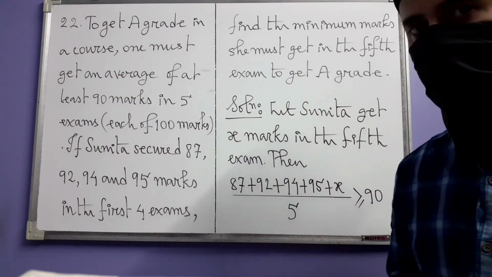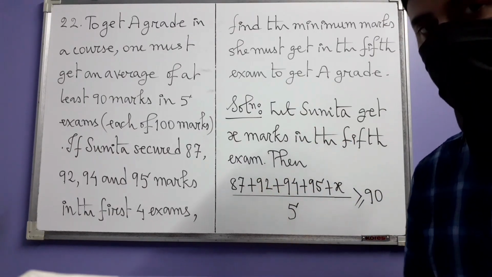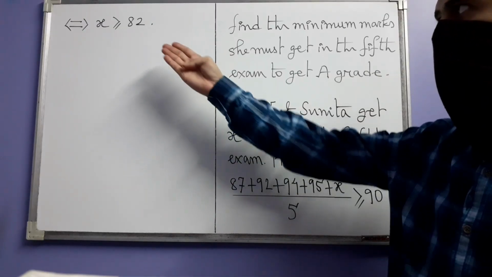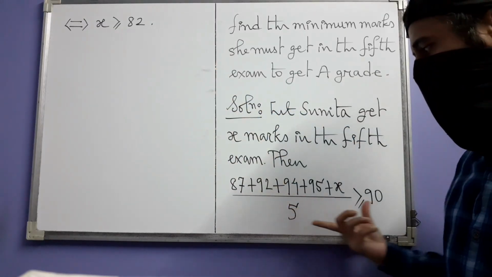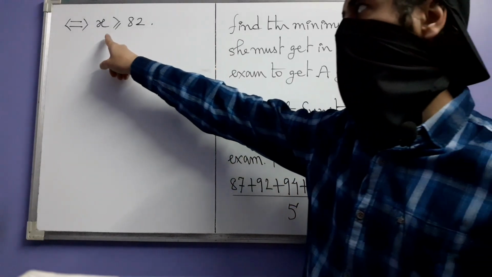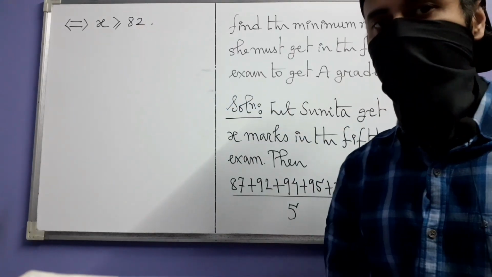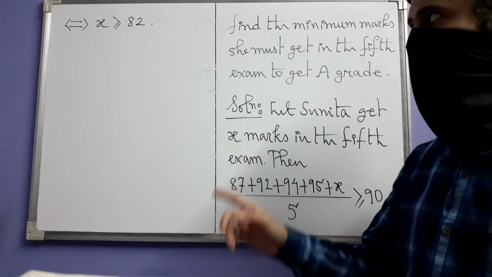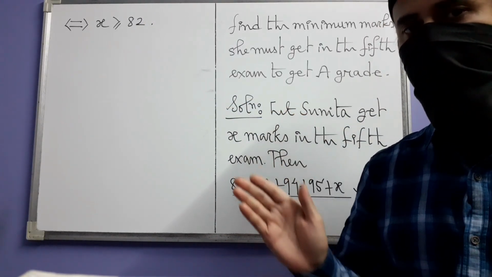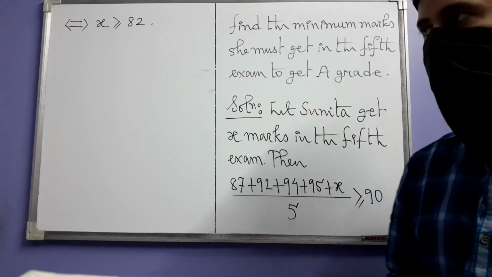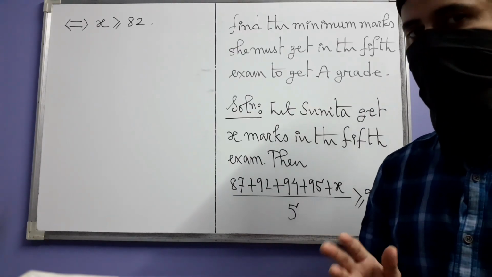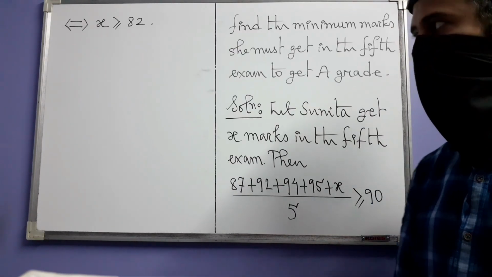I am leaving that to you, but I will tell you what the answer is. This is true if and only if X is greater than or equal to 82. So Sunita should get at least 82 marks in the 5th exam so that she can get grade A. Otherwise she cannot get grade A.